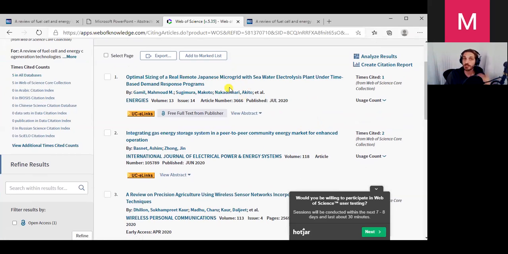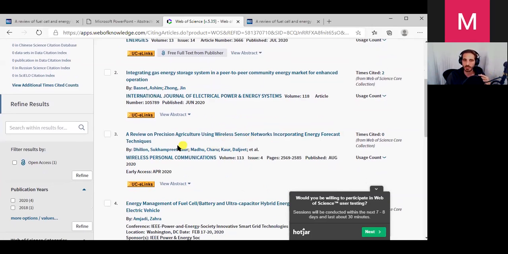They're trying to be as descriptive as possible in their titles, so I'm going to rely on those titles to tell me what the main idea of that paper is. This first one is talking about generally a microgrid. They don't seem to mention molten carbonate fuel cells anywhere, so probably going to skip that one. Gas energy storage system in peer-to-peer community energy market, again, probably not relevant to me.